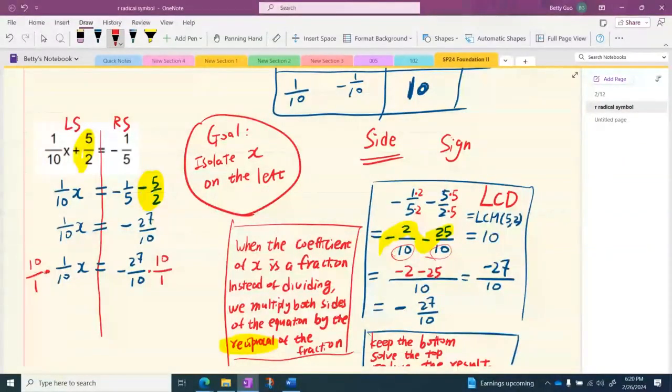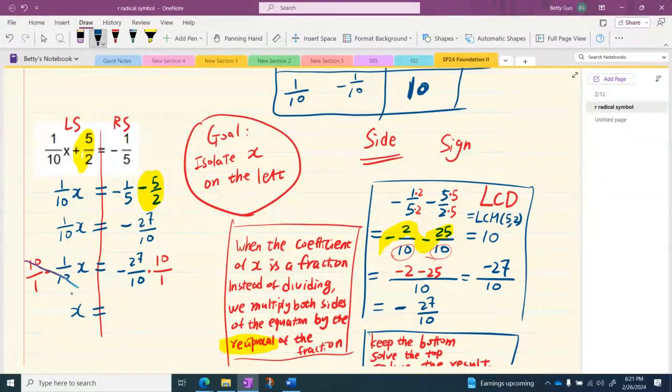And then remember the butterfly method. Those two tens cancel each other. They disappear. If two numbers are reciprocals of each other, they multiply to 1. That's how we isolate x on the left side.